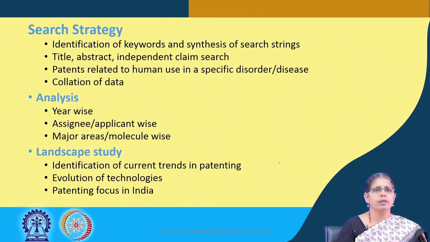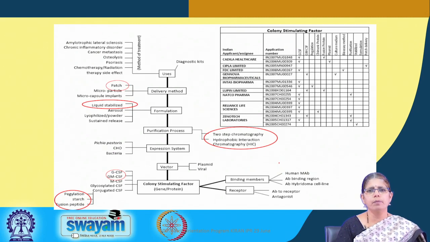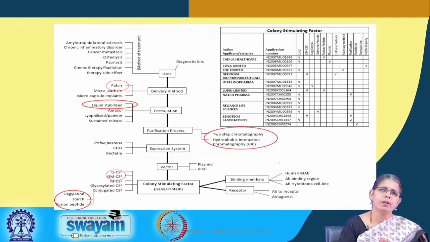It may look at the focus of patenting in a specific geography, for instance only in a specific country, in which case only those set of patents are analyzed on the global landscape of the technology.